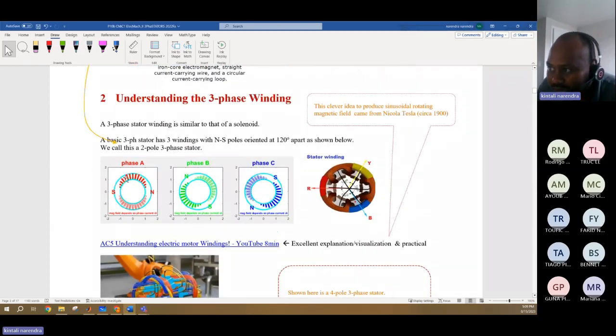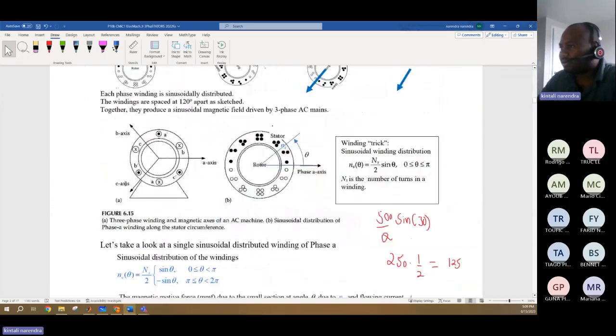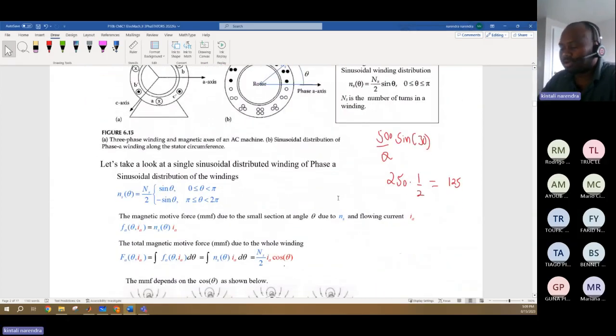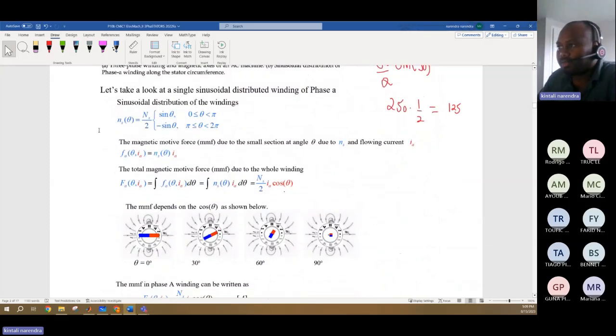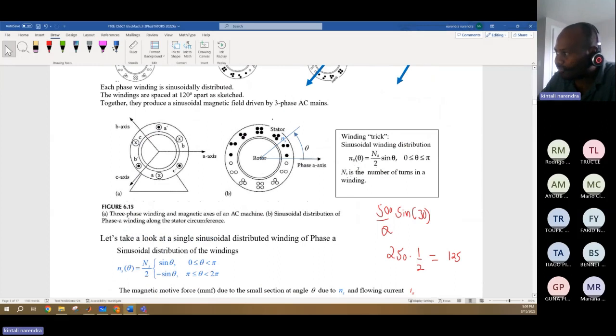Because of this winding, whenever you provide a three-phase power supply, you will get a resultant magnetic field which is varying. So now the number of windings is given by Ns by 2 into sine theta.